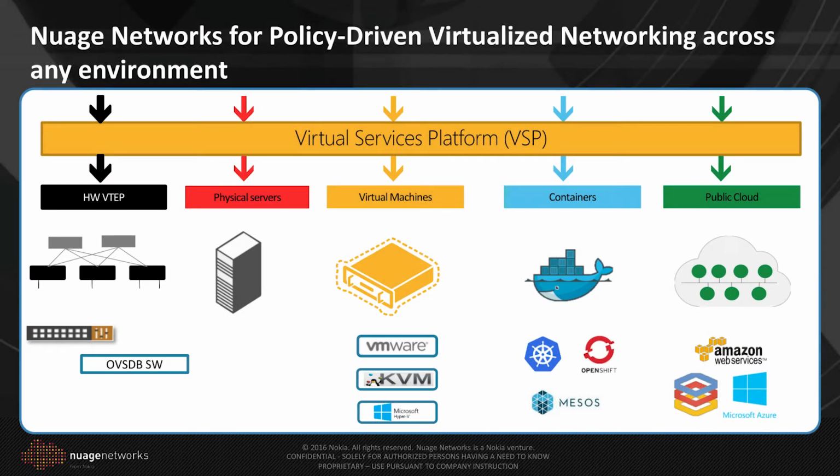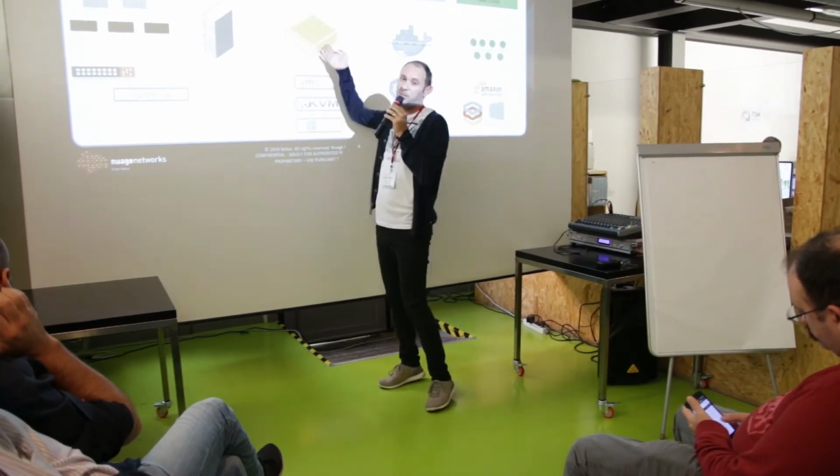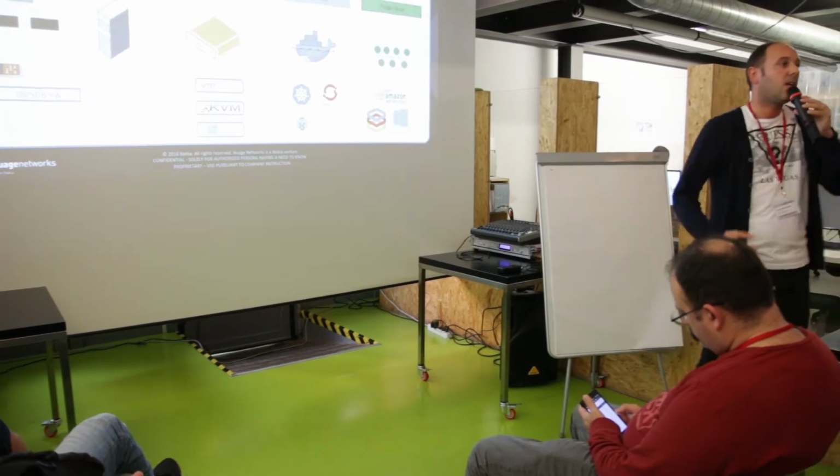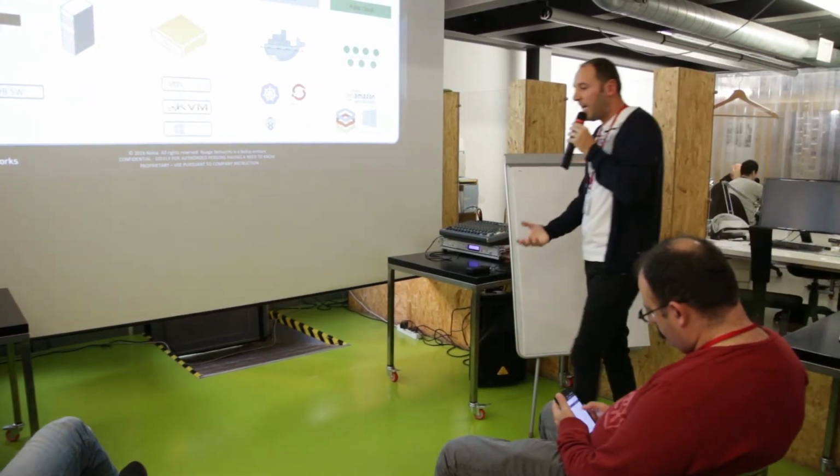So we are here on KVM, but our platform fits in all these environments, and this is really important because today, also for the adoption of OpenStack, it's rare that you will find a greenfield.